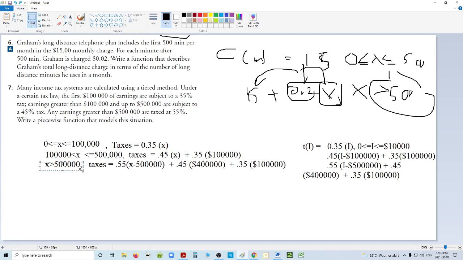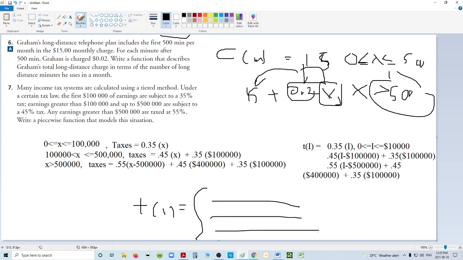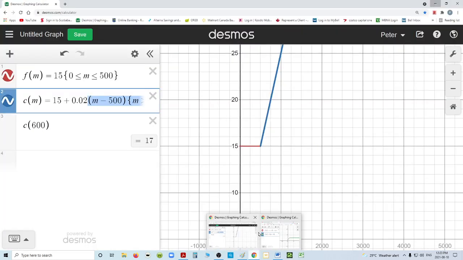And this domain limitation is for the last one. You put it after, and then you do TI is equal to a big bracket, and you'd list each of these formulas with the domain limitations right there to say this will take care of any tax calculation you have. Let's see if that's true.